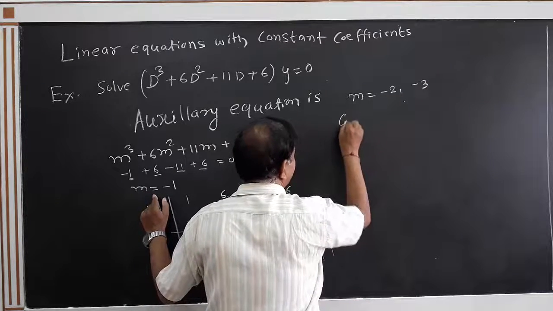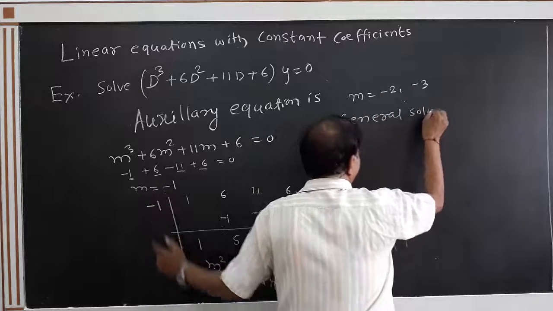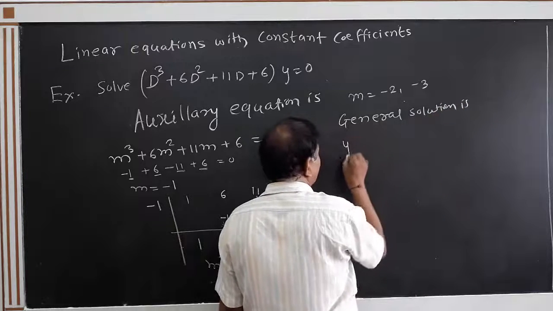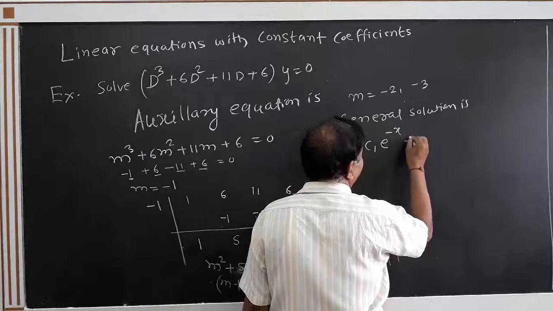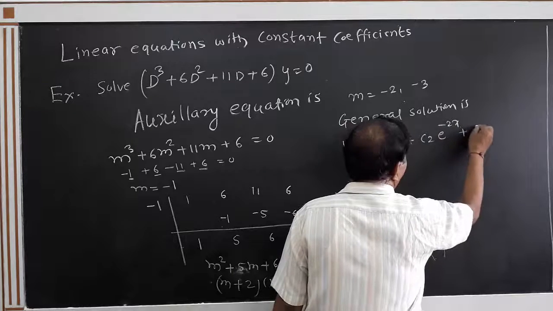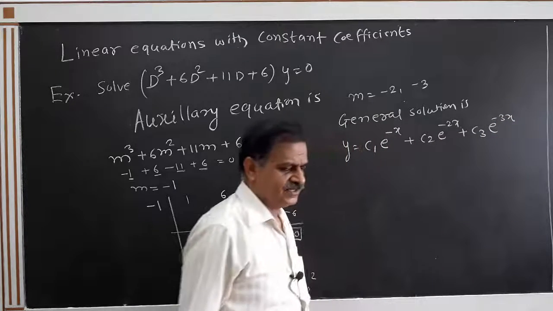Therefore, the general solution is y equal to c1 e raised to minus 1x plus c2 e raised to minus 2x plus c3 e raised to minus 3x. This is the required general solution.